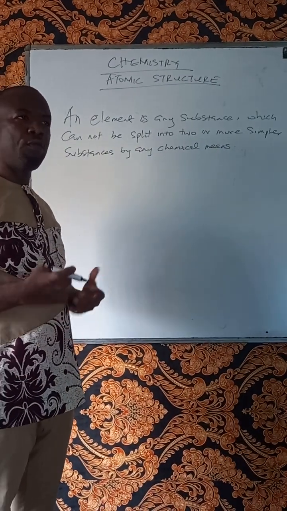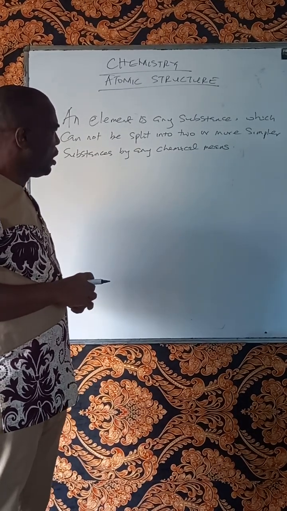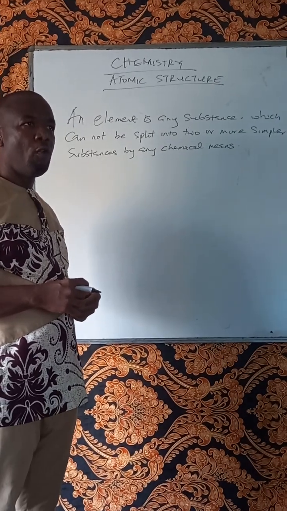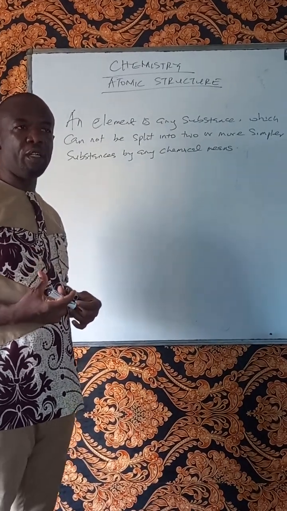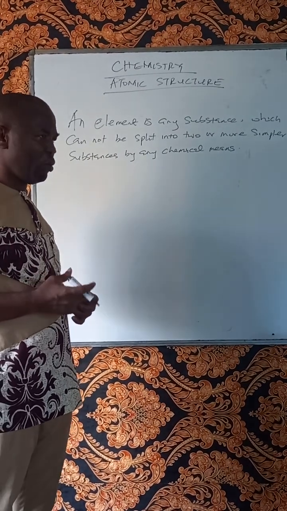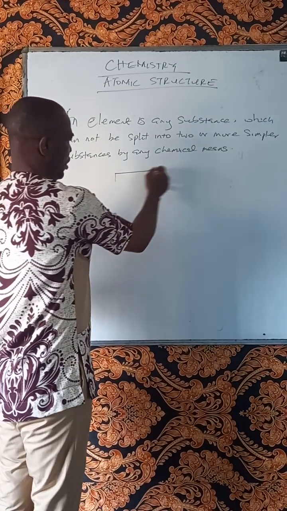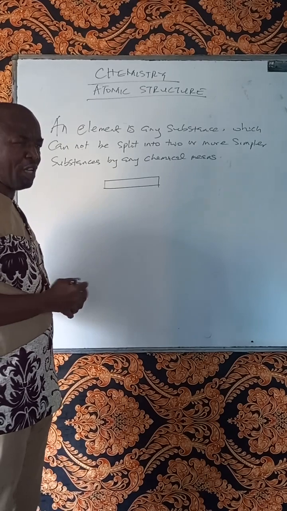Sometimes we do not fully understand the meaning of the word element. We feel that it means a substance that is very hard, that we cannot break it. No, that's not what it means. Let's consider this rectangular piece of object to be an element such as iron.